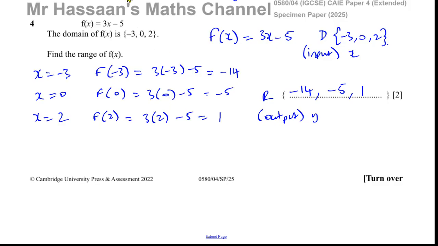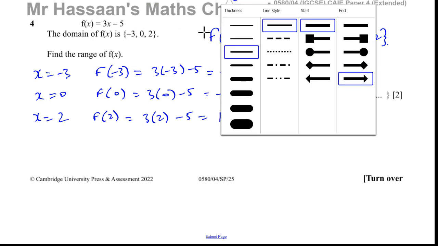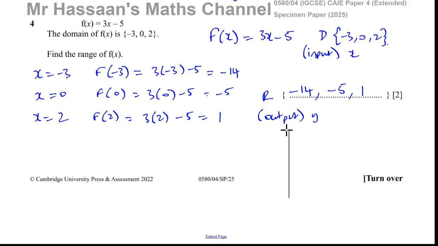Now, if you were asked, which we're not in this case, but just to make it complete, to draw a sketch of the graph of this, then you would just plot these values.